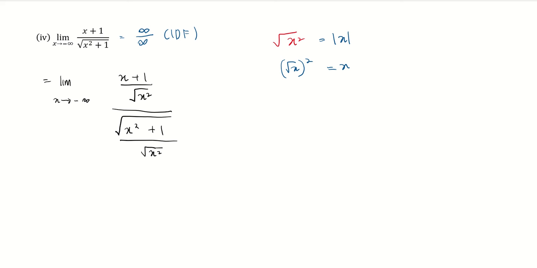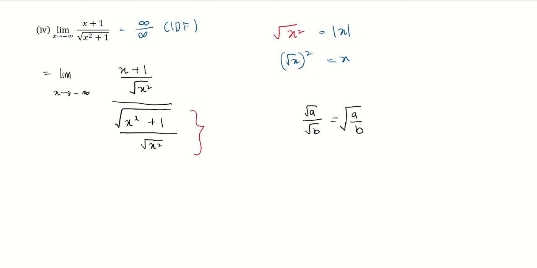For the denominator, we can use the property of surds: the square root of a over the square root of b is also equal to the square root of a over b. So we can bring what is inside into the other square root. The denominator becomes the square root of (x squared + 1) all divided by x squared.